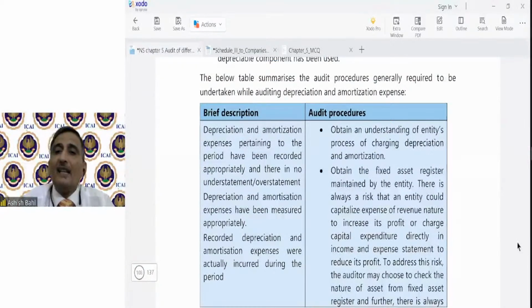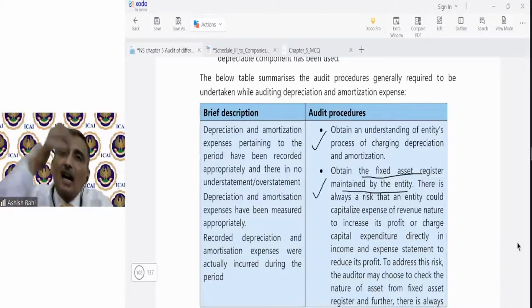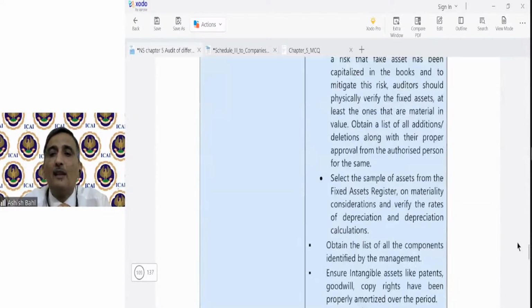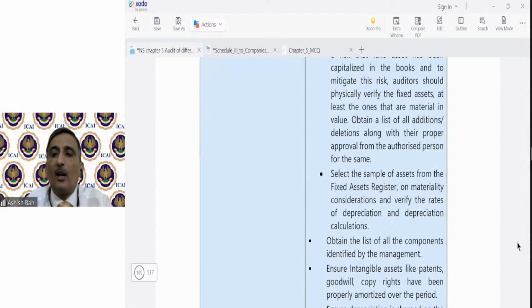So again, these are all procedures. These are repeated here. Obtain an understanding of the entity's process of charging depreciation. Obtain the fixed asset register maintained by the entity, and see that all the fixed assets which are appearing in the register are there in the schedule of PPE items. So these are all usual things. Select a sample of assets from the fixed asset register and verify the rate of depreciation.